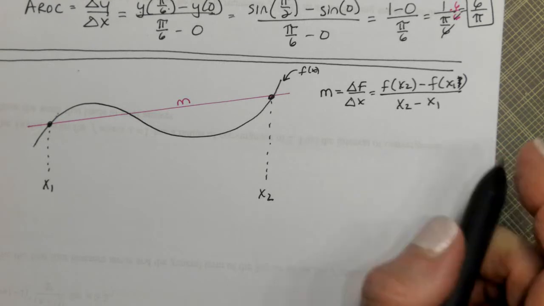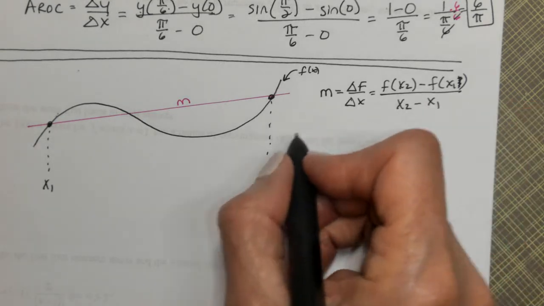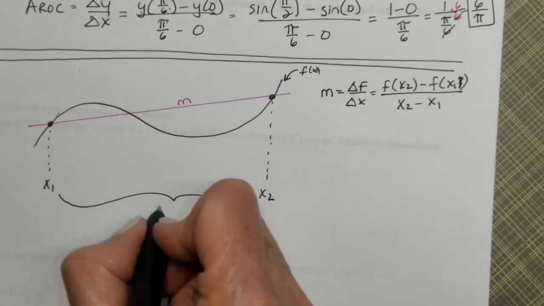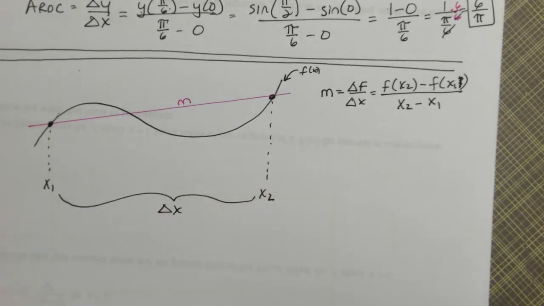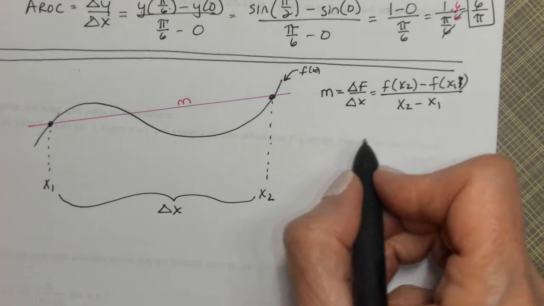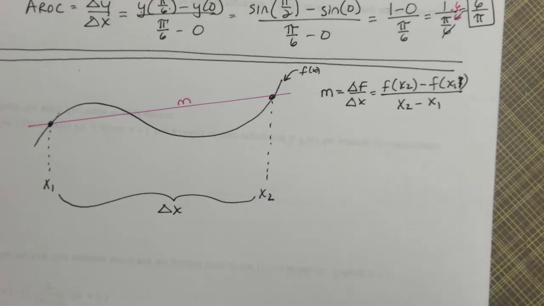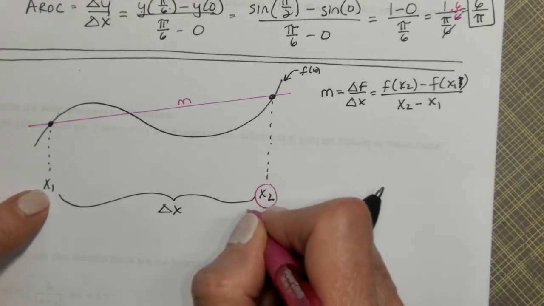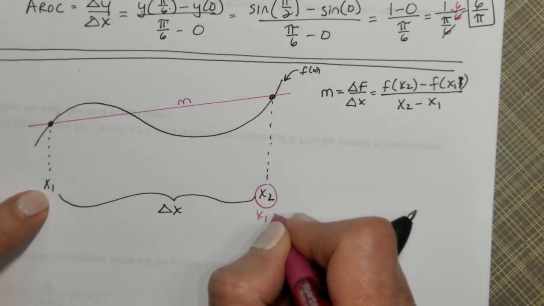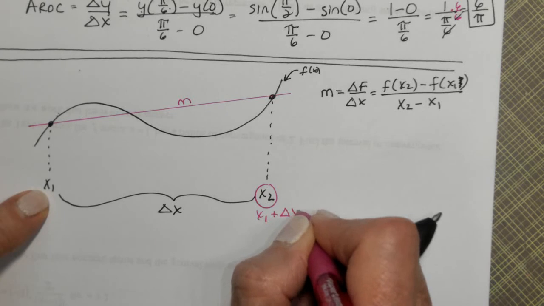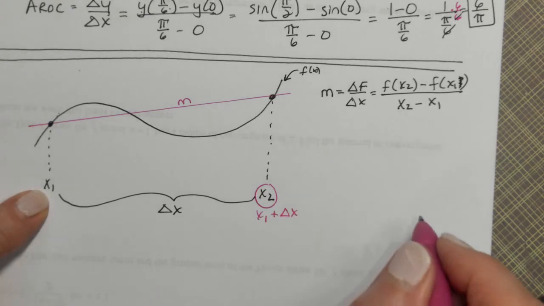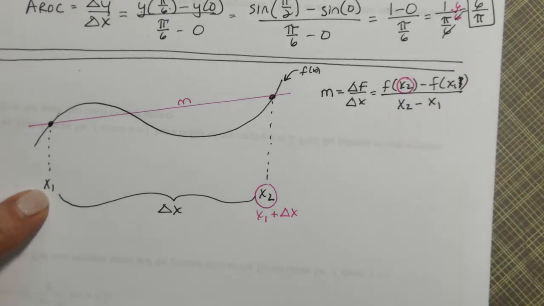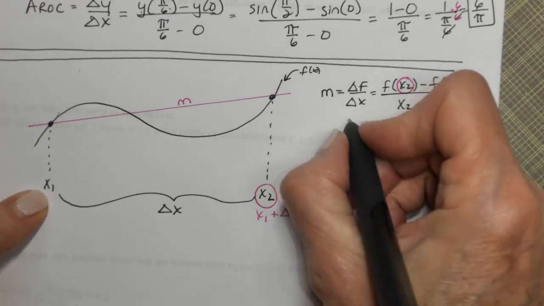Also, do you agree that this is definitely change in x, right? So I could replace x sub 2 with whatever x sub 1 is plus my change in x. So I'm going to replace this x sub 2 with x sub 1 plus delta x.